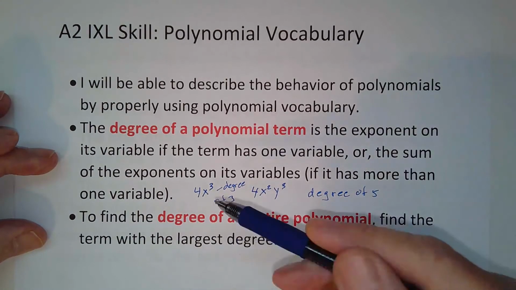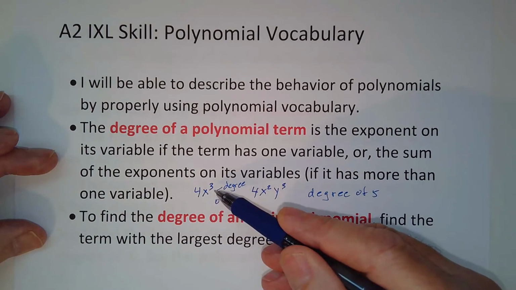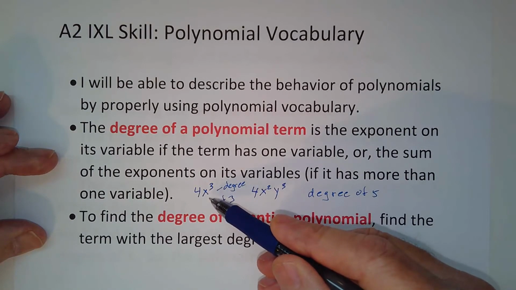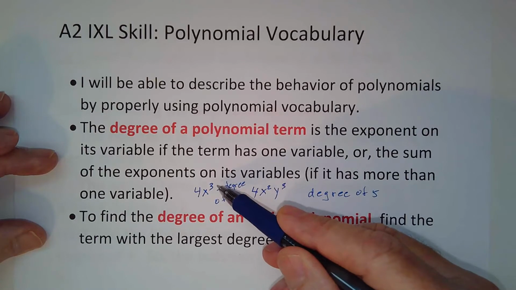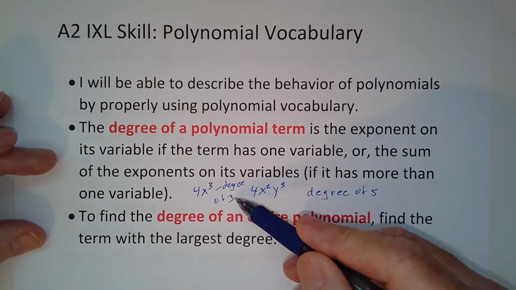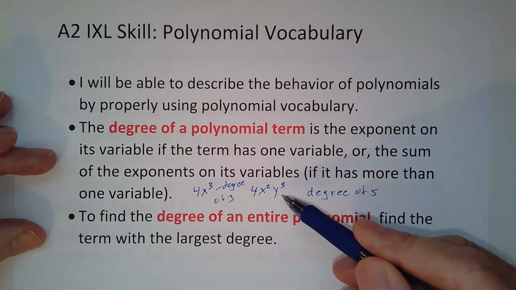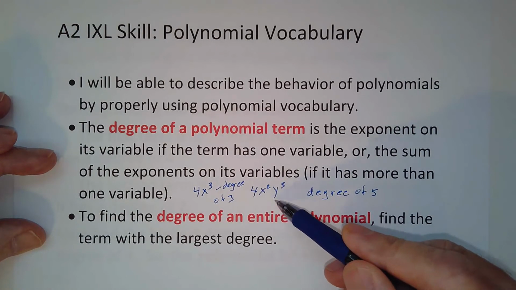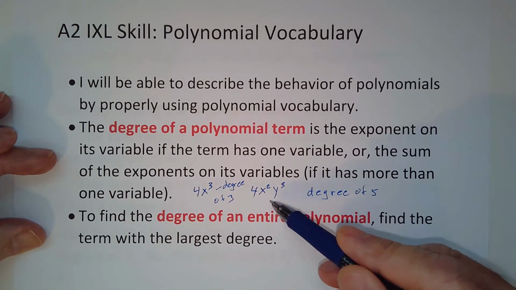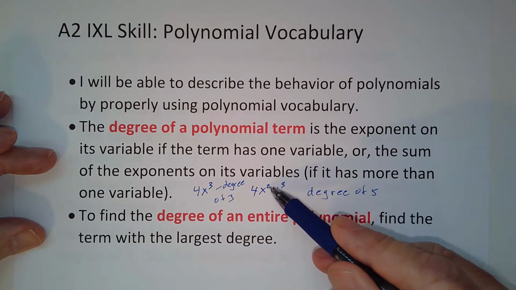To give you an example, this first one is a term of 4x cubed. It has just one variable. You look at the degree of that variable, it's 3, and so the degree of that polynomial term is 3. But you can also have a term like 4x squared y cubed. You have 2 variables, and you'll notice you have the 2 and the 3.